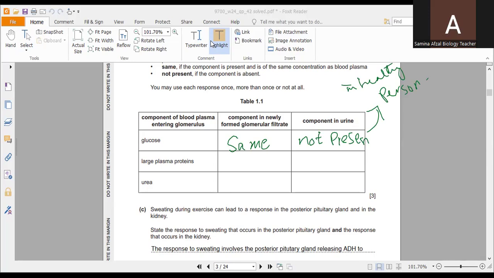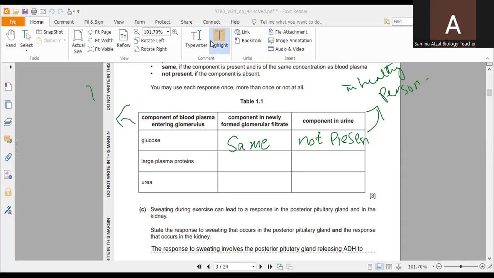Secondly, you can see in the urine, the large plasma proteins. Large plasma proteins are present in the blood plasma, but they are not present in the filtrate because they are too big to pass through the glomerulus filtrate barrier.